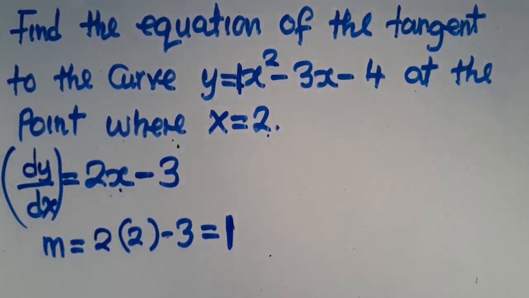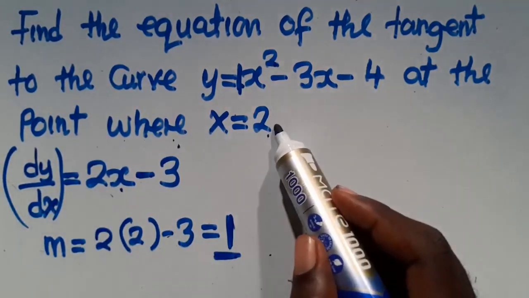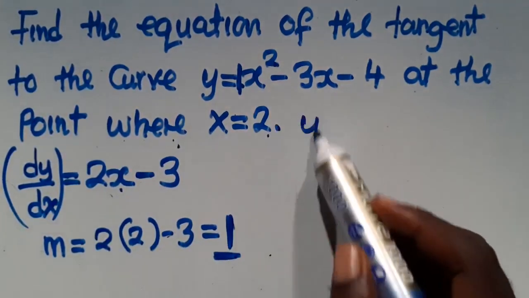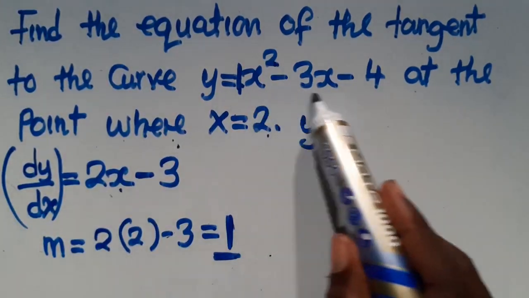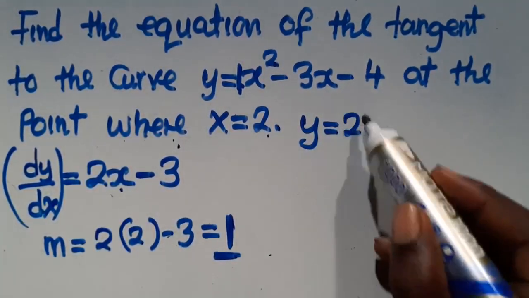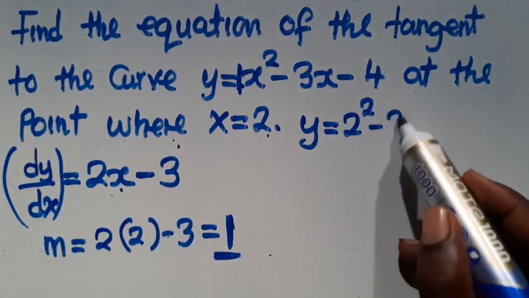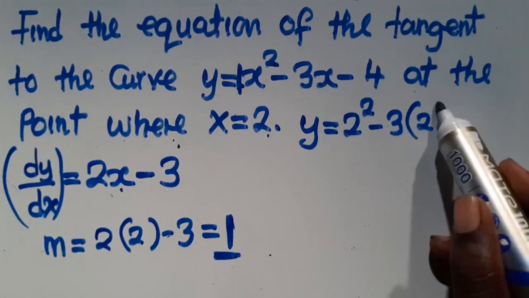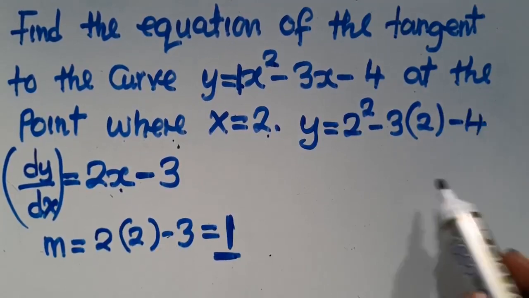The gradient is 1. So if you are told to find the equation of the tangent, we concentrate on the gradient first. After this, we are just given the x coordinate. What is y? Y is equal to, in this equation where there is x, put 2. So 2 squared minus 3 times 2 minus 4.